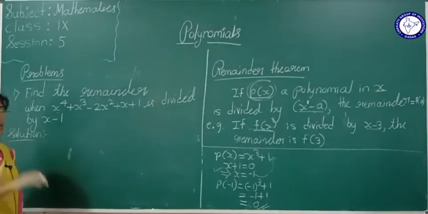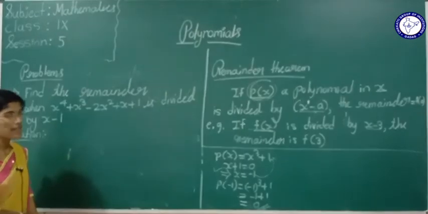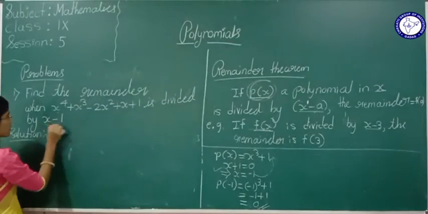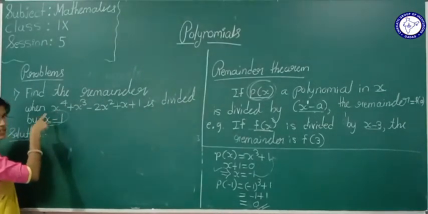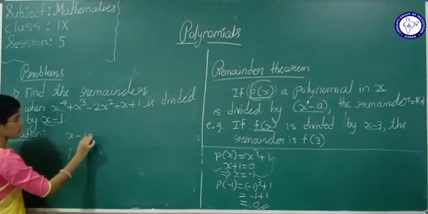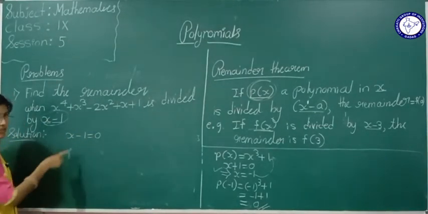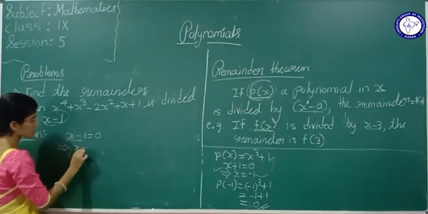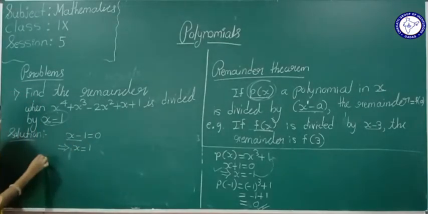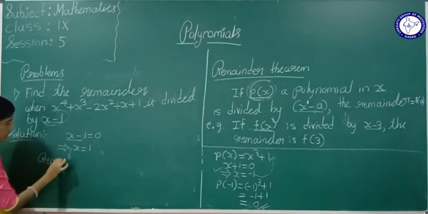Now see here, to find by the remainder theorem, what you will do is equate the divisor with 0. So this implies x is equal to 1. What does the remainder theorem tell?